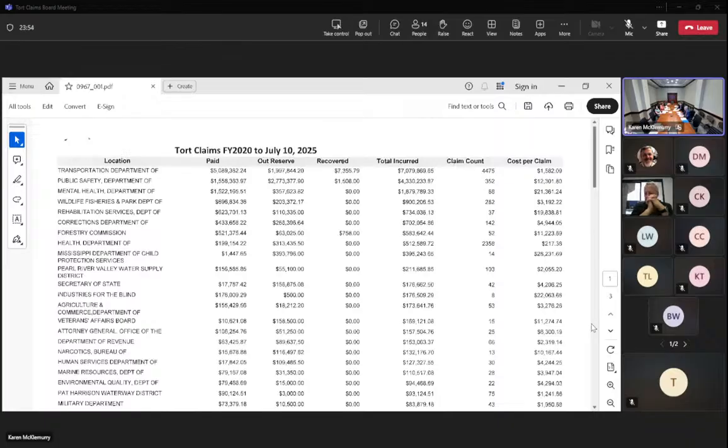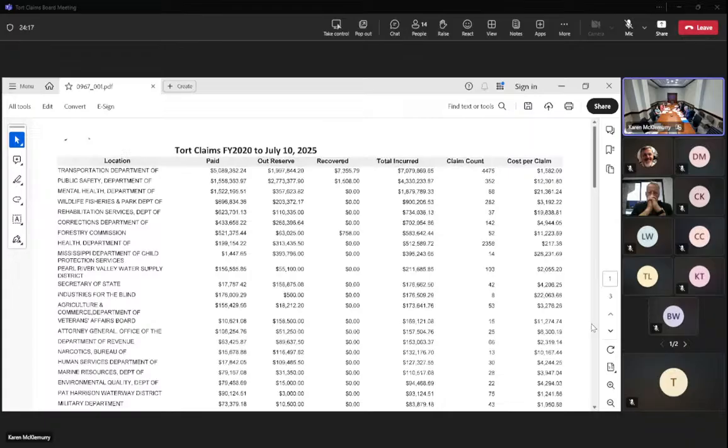This essentially will show you a breakdown of each agency within the pool and how many claims we've paid, cumulative, recovered, total incurred, and then the total claim amount, as well as a breakdown of an average cost per claim.